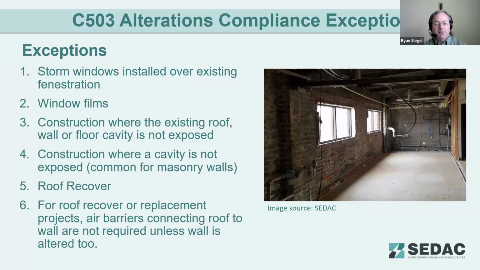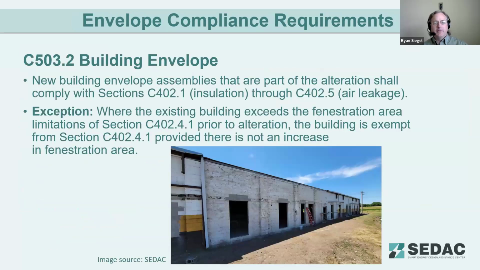A roof recover, understanding the definition of a recover: installing a new roof membrane over the top of an existing membrane that has been prepared for that. So there are a few exceptions where the code is calling out that these are not really alterations that require code compliance. As far as new envelope assemblies, we do need to have insulation installed and they do need to comply.